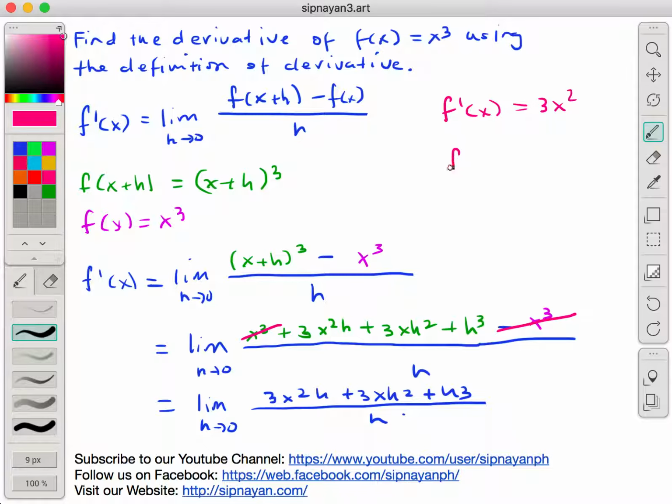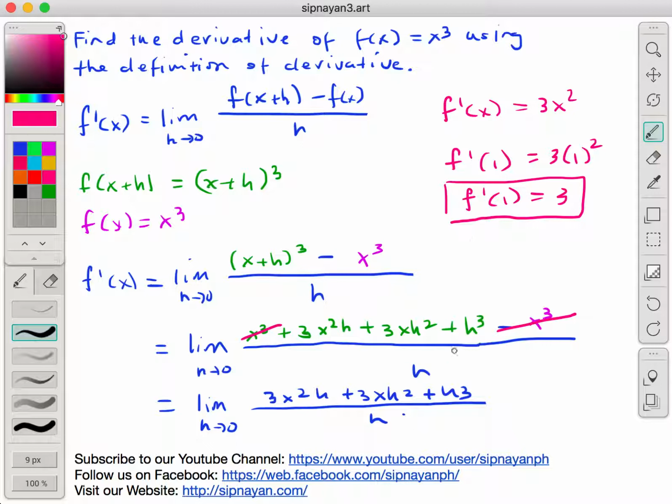So, ano ang slope niyang function at x equals 1? Meaning we are looking for f prime of 1. Remember, f prime of x is the slope of the function at x, which means that f prime of 1 is the slope of the function at 1. So, meaning, substitute lang natin yung value ng x dito, 3 times 1 squared. Kaya siya equals 3. So, f prime of 1 is equal to 3.